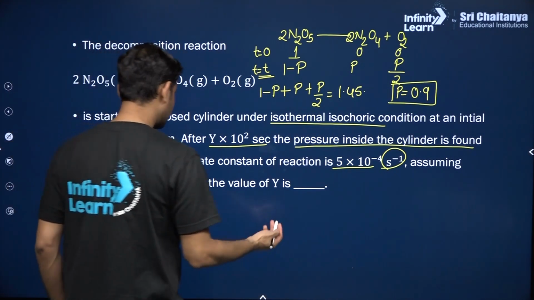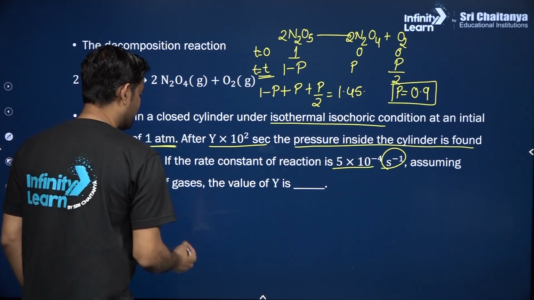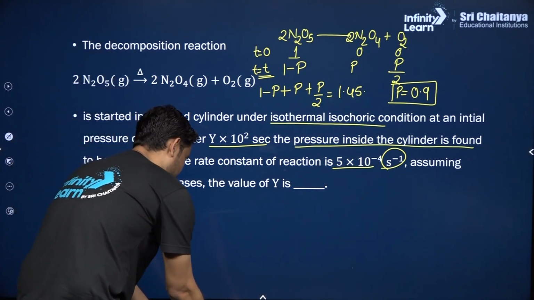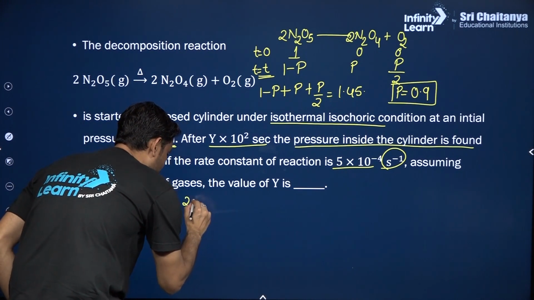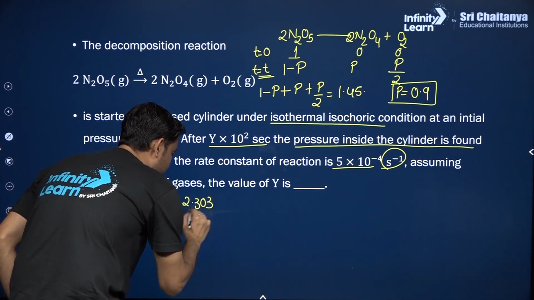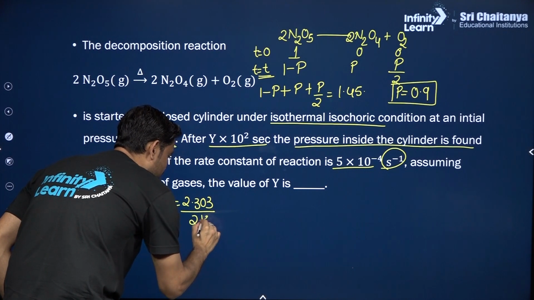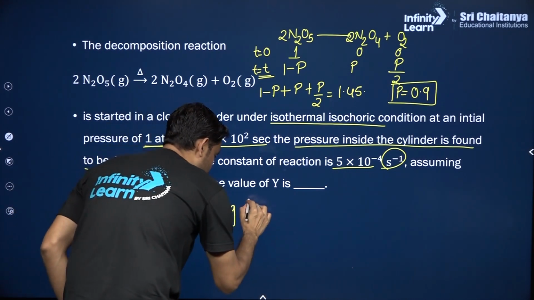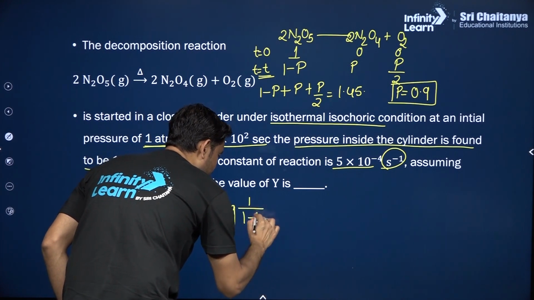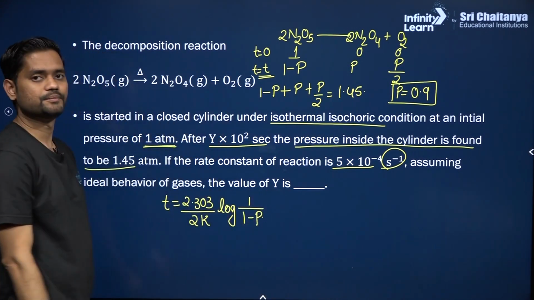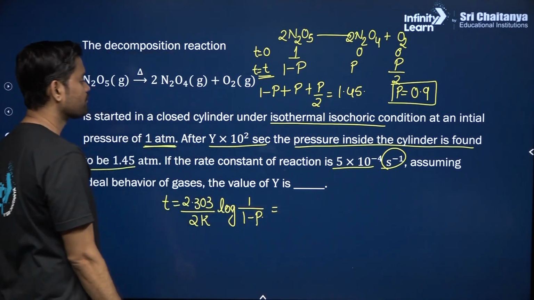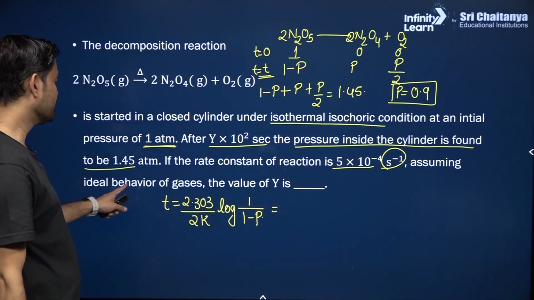Then, talking about the first order reaction, the time t will be equal to 2.303 by 2k log of 1 by 1 minus p. Now what is the k value over here?